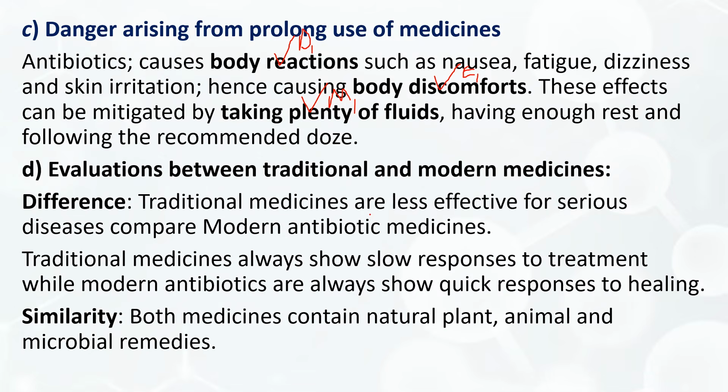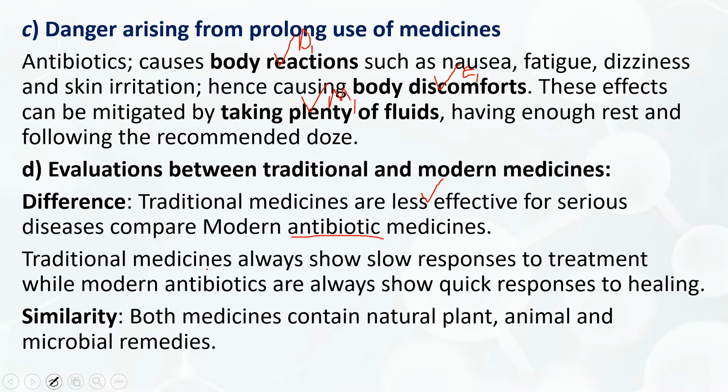The traditional medicine or traditional antibiotics are less effective for serious diseases compared to modern antibiotic medicines. Please don't forget to include our antibiotic, because in this question we are talking about antibiotic medicines.